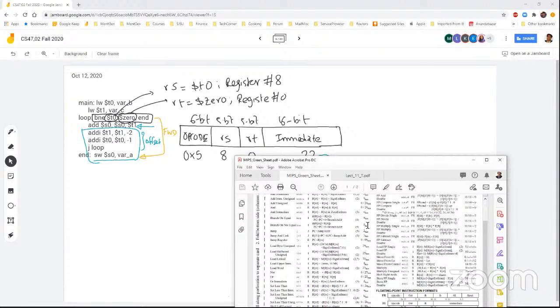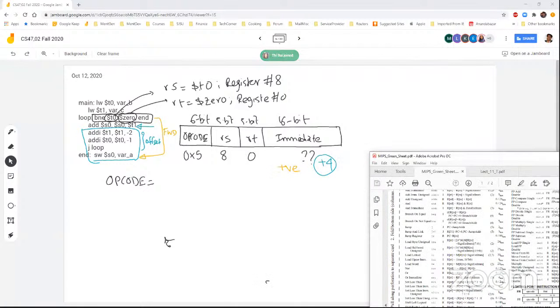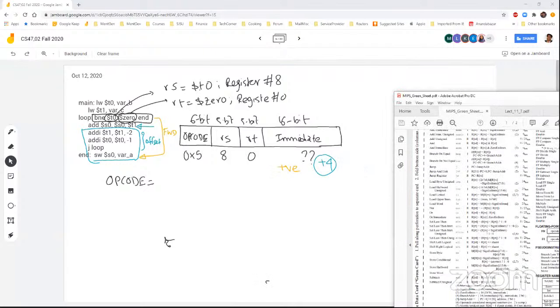The opcode is 5 in hex, which is basically 0, 0, 0, 1, 0, 1, right? It's a 6-bit opcode. That is the binary for the opcode, 6 bits.